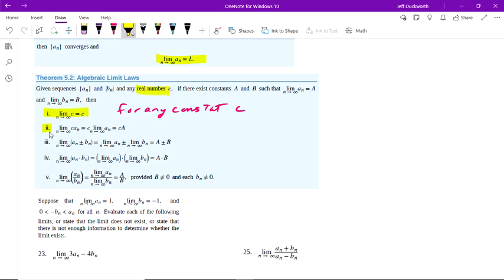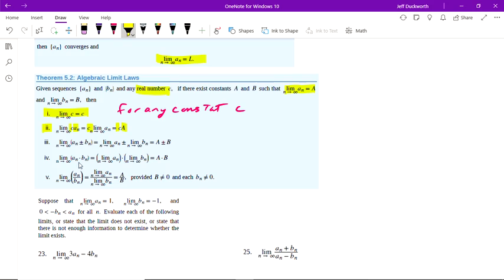Also, number 2 simply means that if you've got the limit of some constant multiplied by your sequence, you can pull out that constant ahead of it. In our setup here, the limit of the an's equals A. So the limit of c times an is going to equal c times A, because we know from number 1 the limit of just the constant is going to be the constant again.